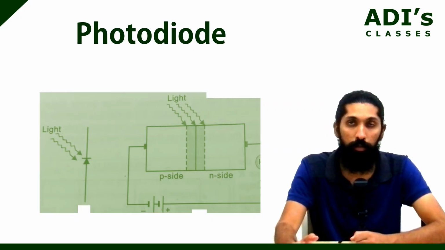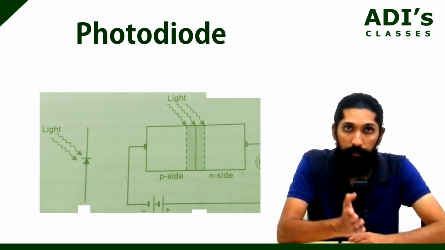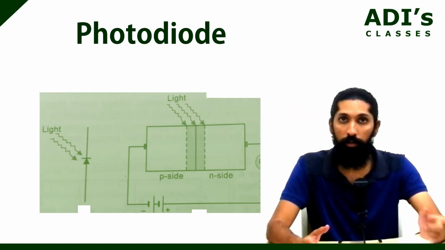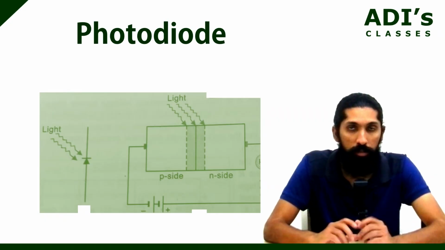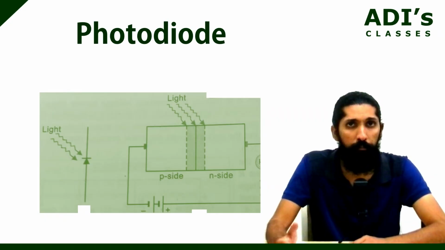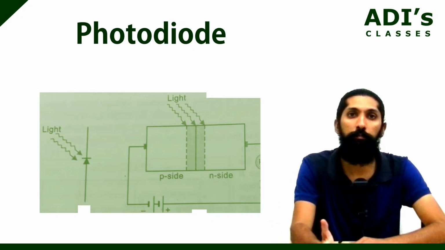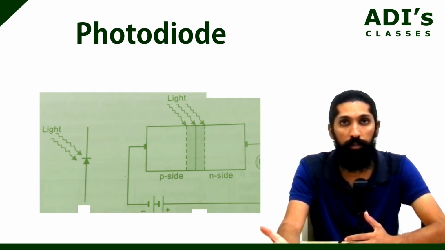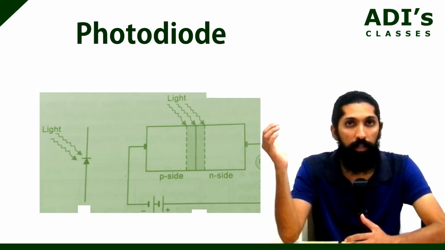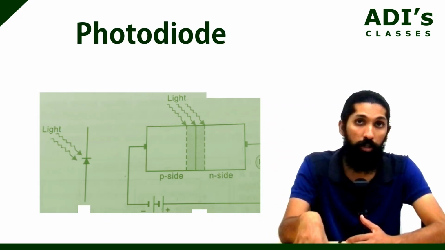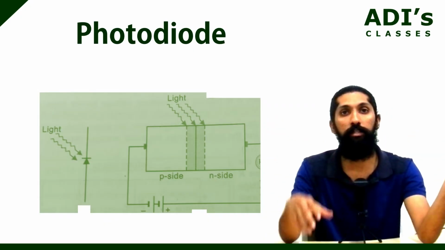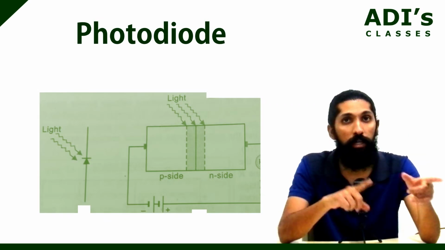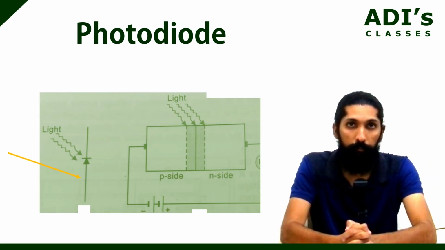Look at this particular figure. The left side is the symbol we use. On the right side is the actual circuit. Now, the working is very simple. We have light, and light is energy. So energy comes and falls on the PN junction. When light energy falls on the PN junction, the holes and electrons are going to combine.